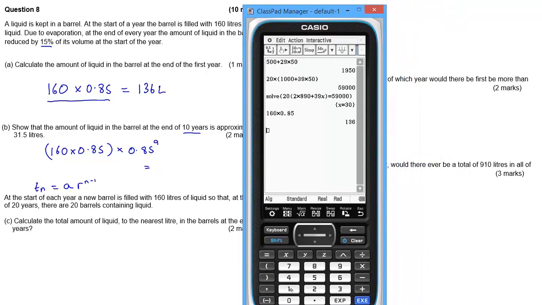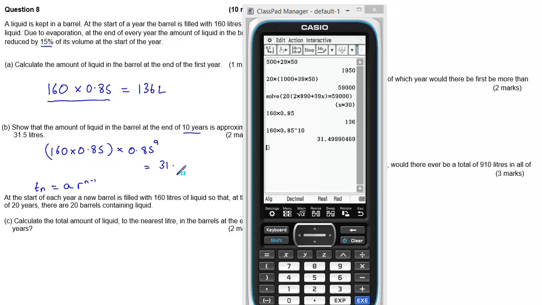And so we have 160 multiplied by, in all, 0.85 to the power 10. And make sure we're in decimal mode. That gives us 31.49990, and so on.